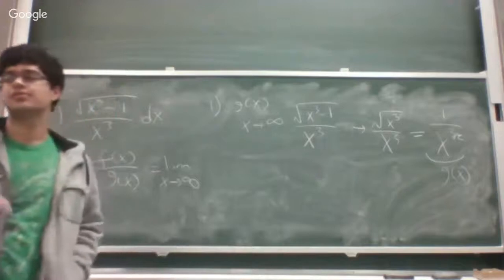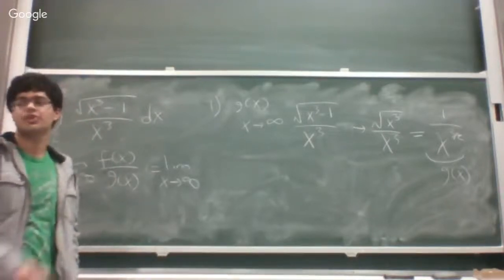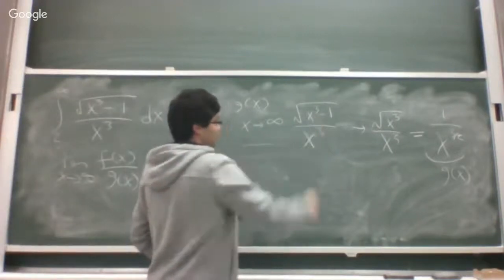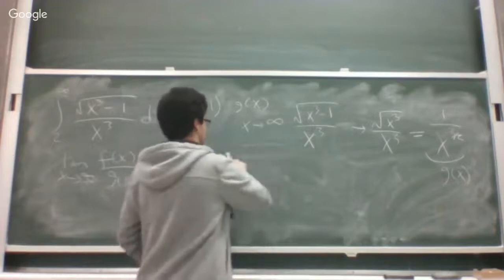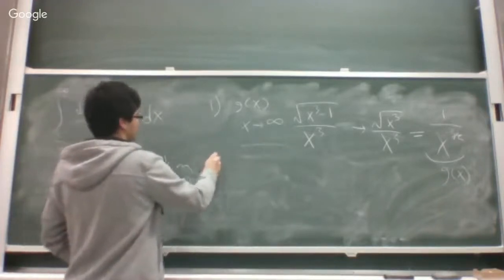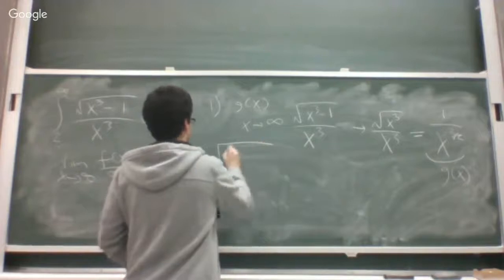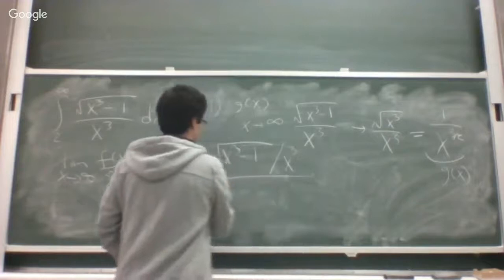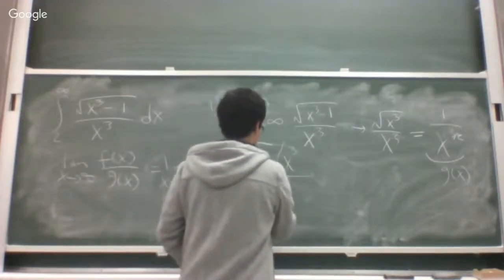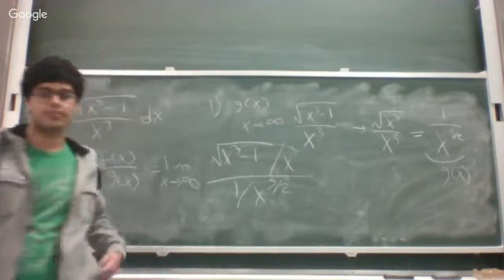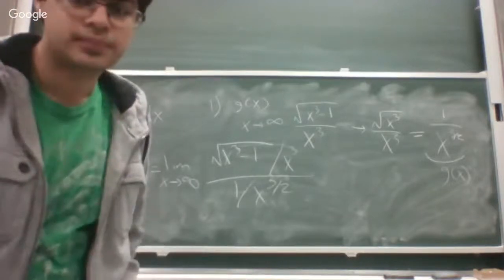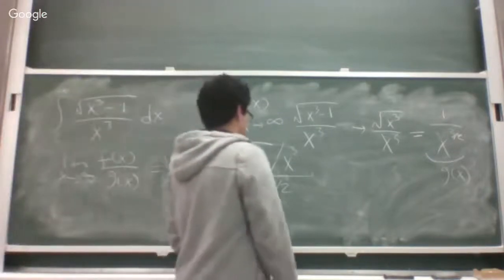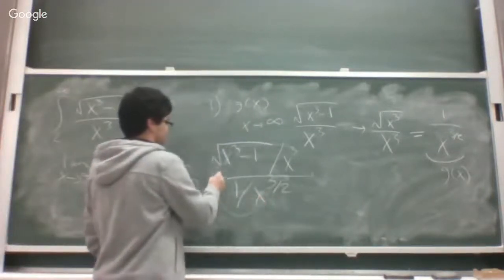This is not equal to that, but very similar to it. We just look for a similar function, because if we are at infinity, the 1 does nothing. Some people by mistake write it wrong, but you have the square root of x cubed minus 1 divided by x cubed, all over 1 divided by x to the 3 halves. So then this can go on top.